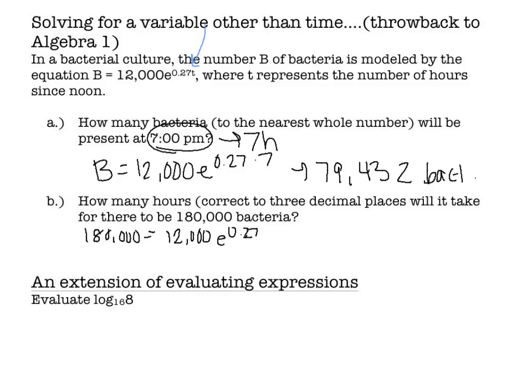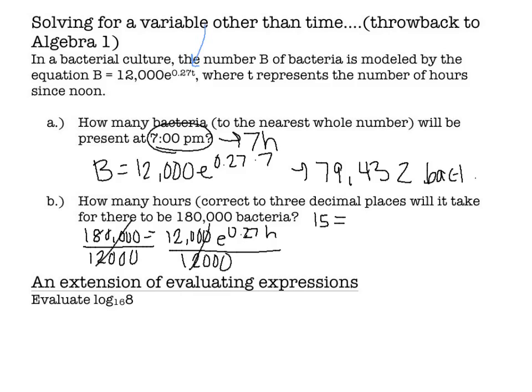The very first thing that I can do here is divide each side by 12,000, and that will simplify what we're working with a little bit. So what I have left on the left-hand side is 15, and here I have e to the 0.27 times h power.